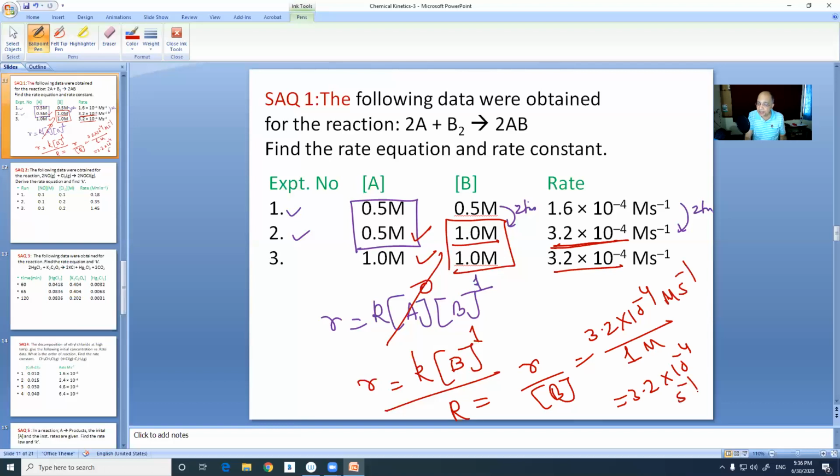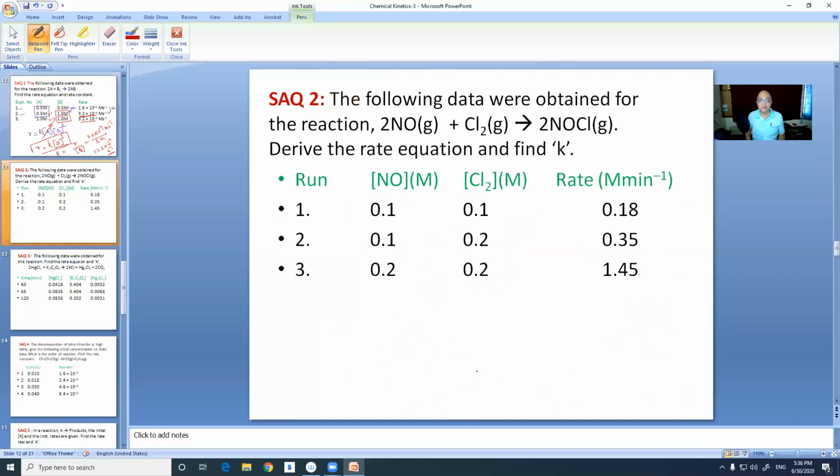So ultimately second inverse is the unit of rate constant for a first order reaction. This is the rate law. You cannot keep A to the power 0 in the rate law. Once you know it is 0 power, then you eliminate A from the rate law. It becomes only K into B to the power 1. Understood? These are simple things.